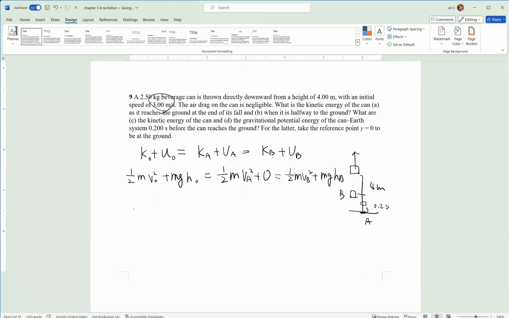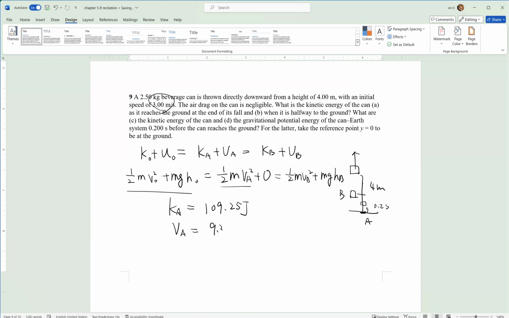When you do your calculation, you can get your Ka, which is this part here. Your Ka will be equal to 109.25 joules. I also want my Va, because we have to calculate the last part.